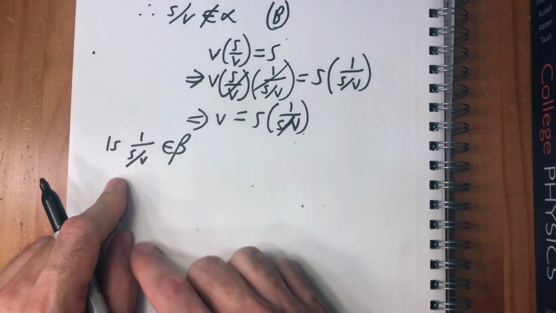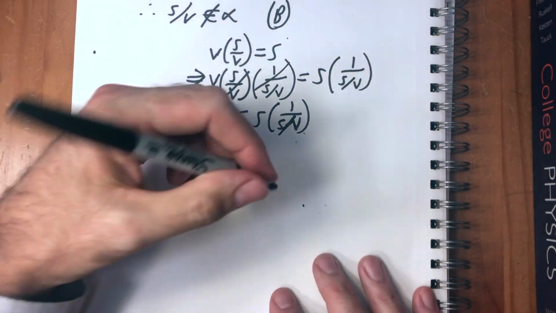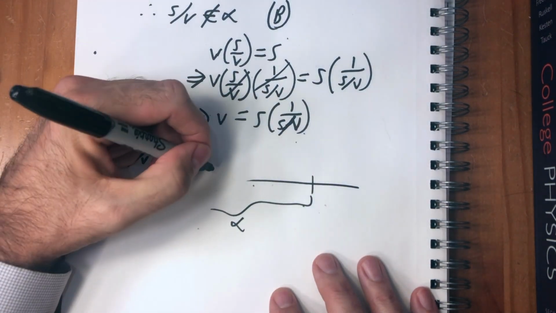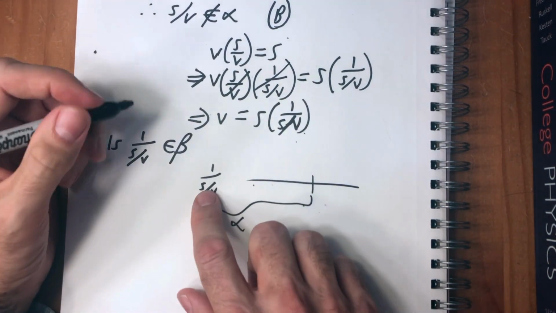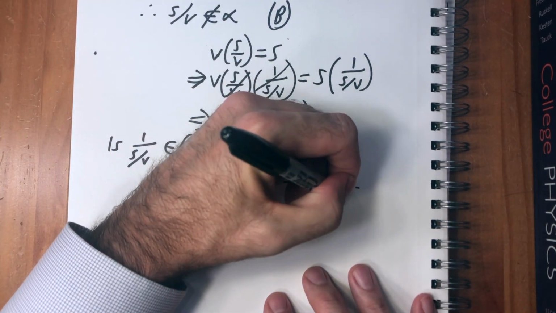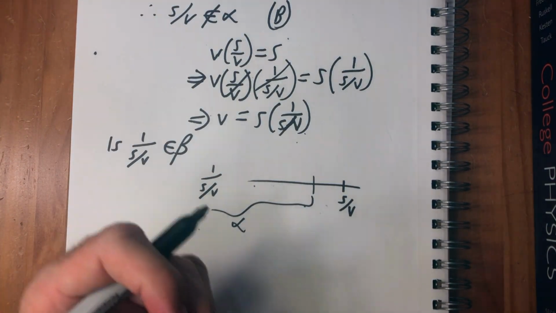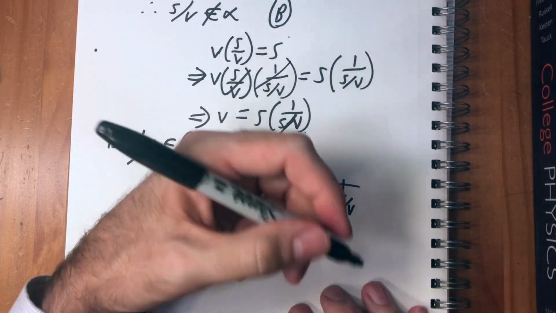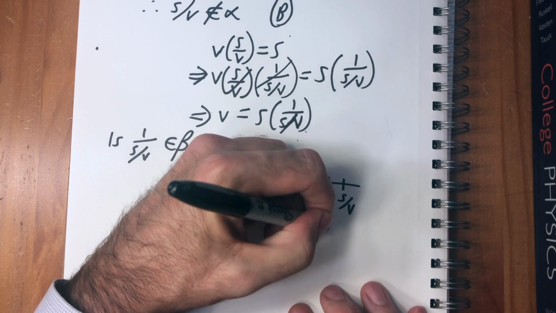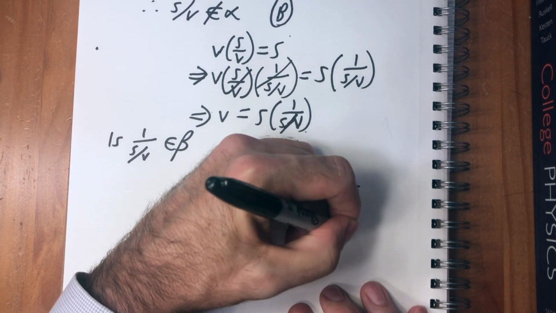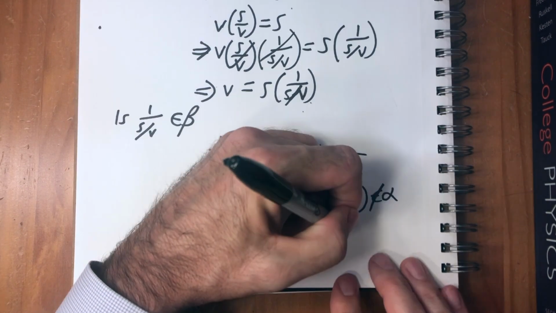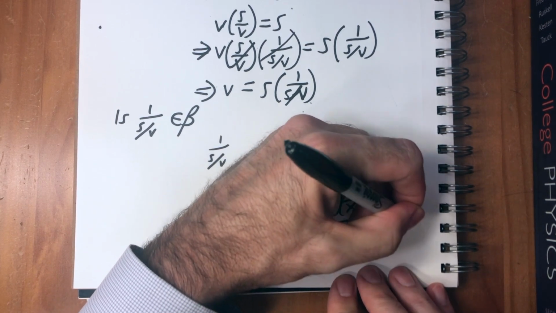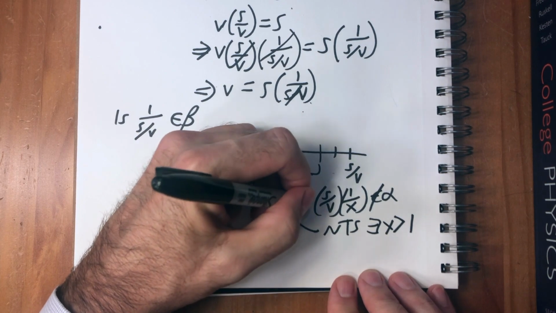If 1 over (S over V) is in beta, then the reciprocal of that is S over V, and there's going to be something here that we can make a little bit smaller with some x greater than 1, such that S over V times 1 over x is still outside of alpha. So we need to show that there exists an x greater than 1 such that that's true.